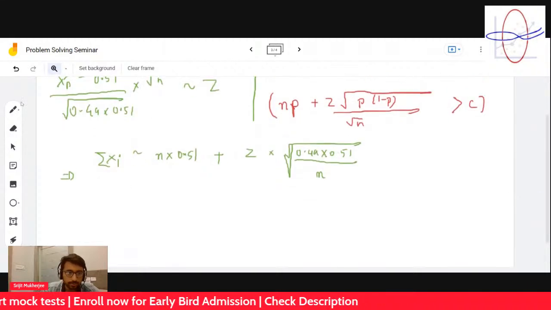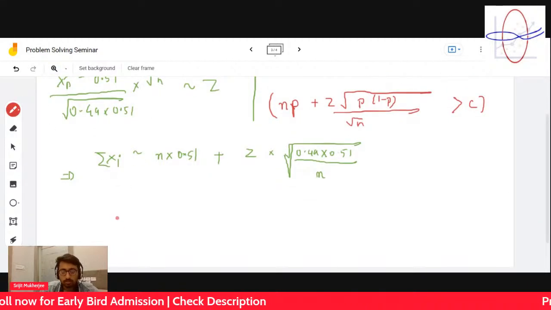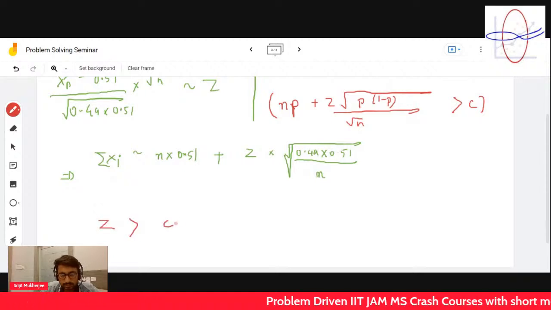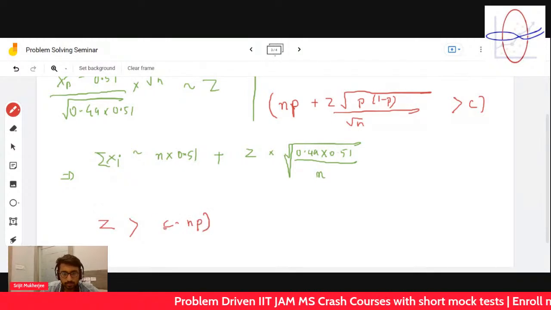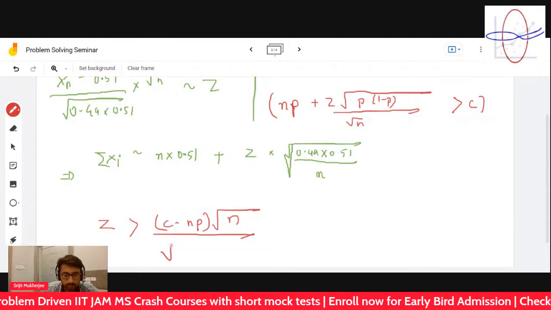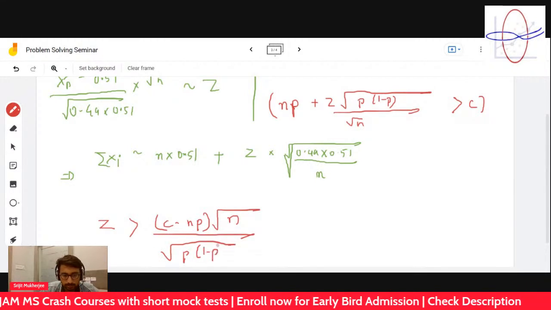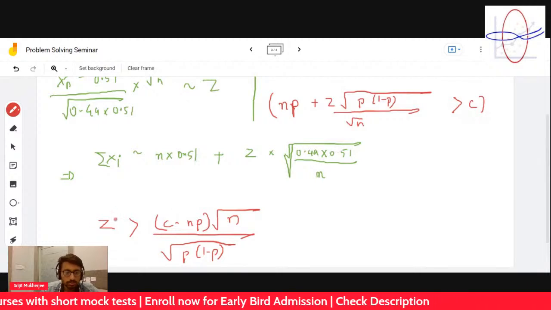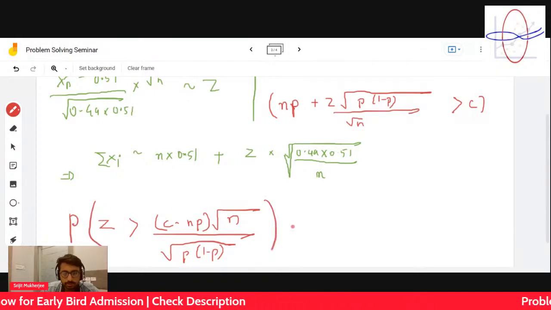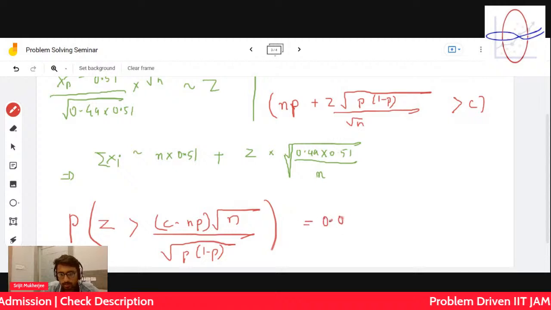So let's write it down below. We have to transform in terms of the standard normal. So it's z greater than c minus np times root n by root over p into 1 minus p. You have to find this c out, and the probability of this must be equal to 0.01.